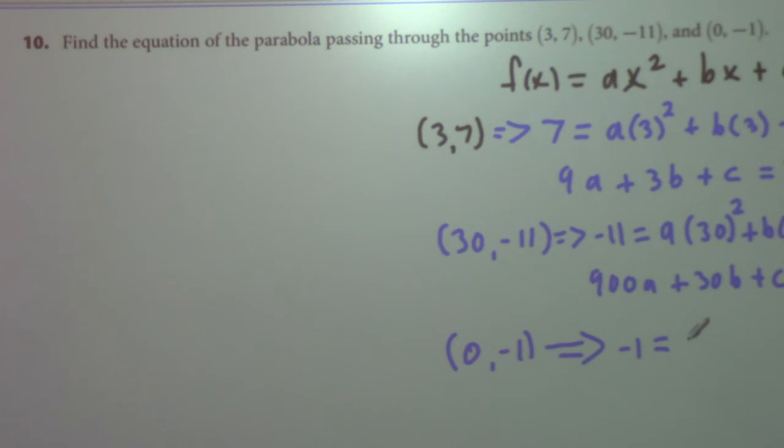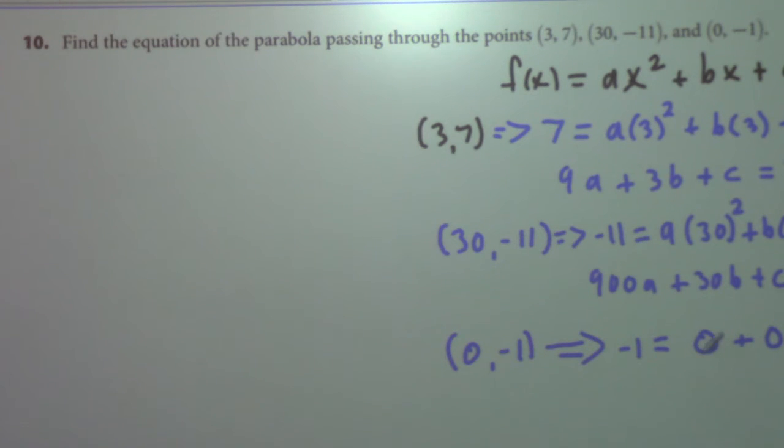So we have A times 0, which is going to be 0. Then we have 0 times B, which is 0. And then what do we have for C? Well, we have negative 1.